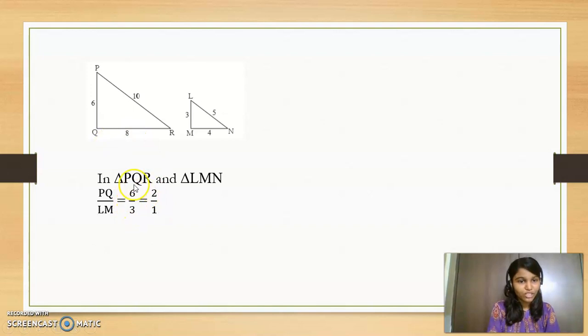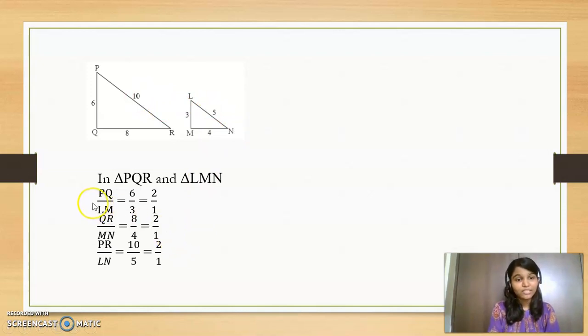Now I'll take another side, that is QR upon MN, which will be equal to 8 upon 4, which will be equal to 2 upon 1 when reduced to its lowest. And if I take the third side, that is PR upon LN, I'll get 10 upon 5, which is again equal to 2 upon 1.